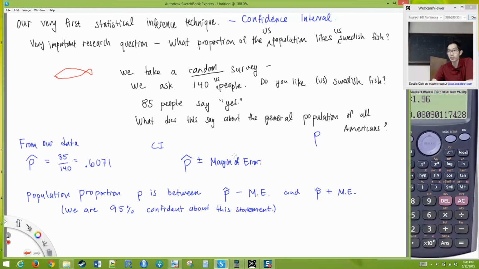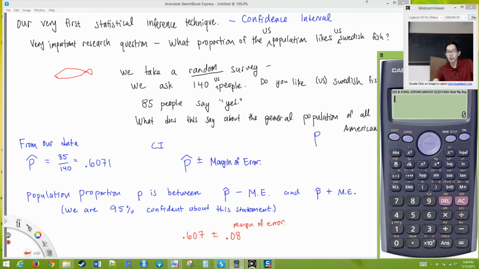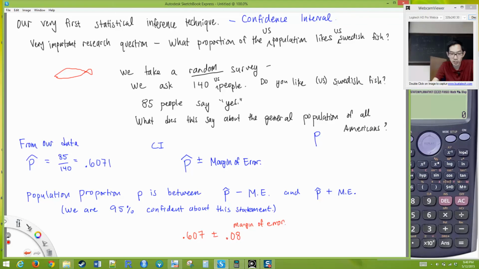So I'm going to say we have 607 plus or minus an 8% margin of error. Did you just make that number up? I didn't just make it up, but just for now, let's pretend I did. And I will explain how we get the margin of error in a moment.